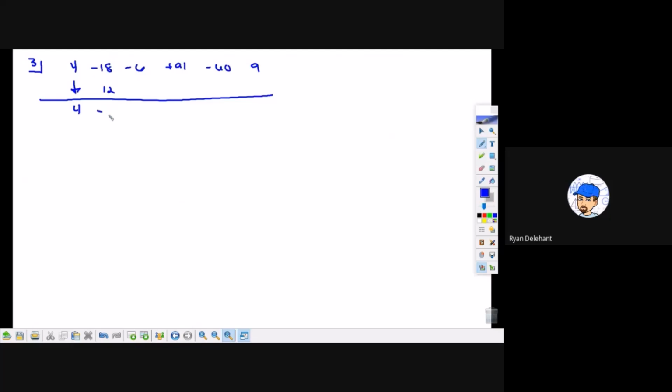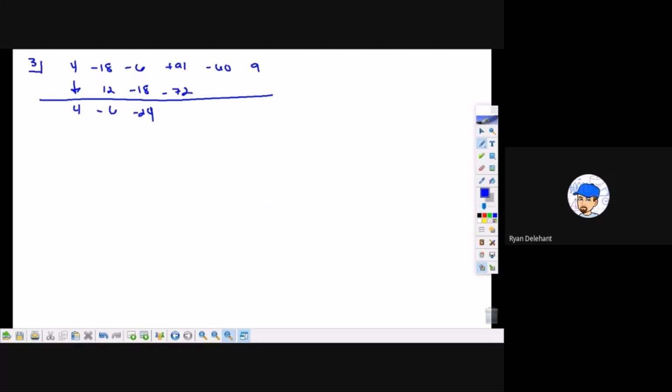-18 and 12 is -6. Then we move over and multiply, that's -18. So we add this down and we get -24. -24 times 3, so that's 72.